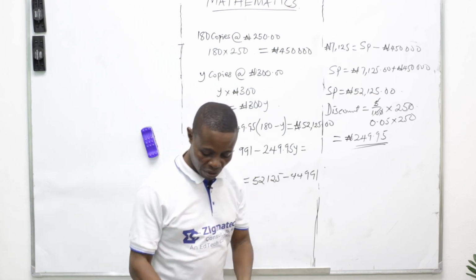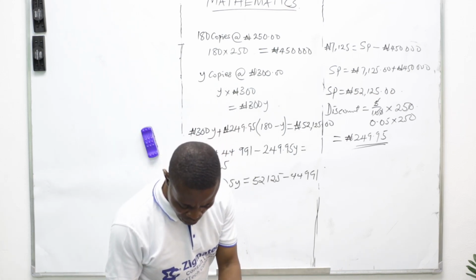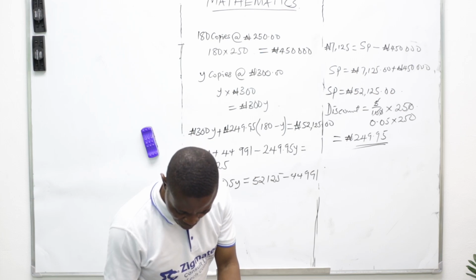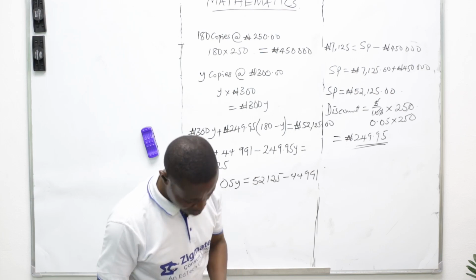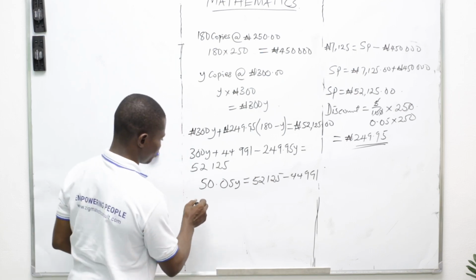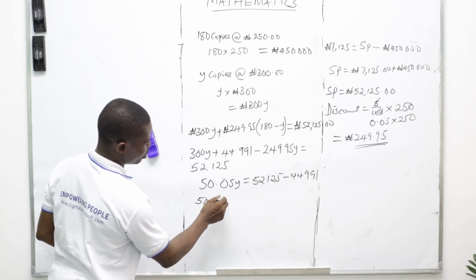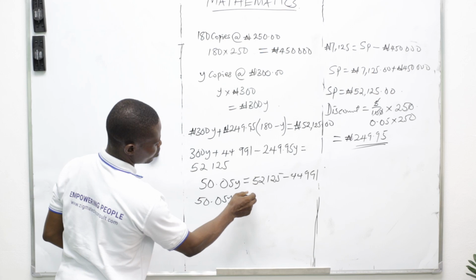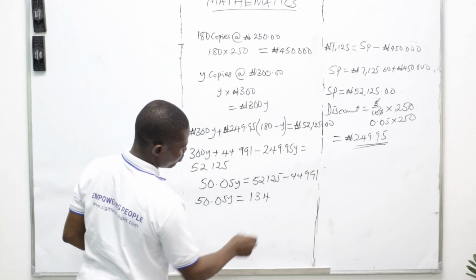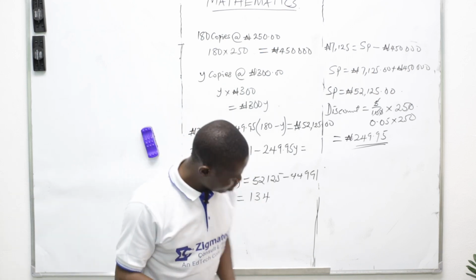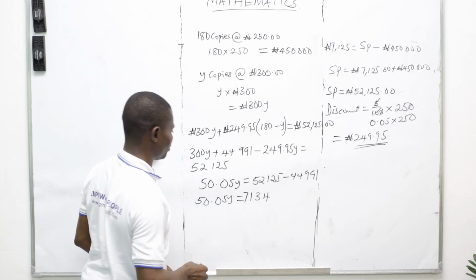Now let's subtract again: 457,125 minus 44,991 to give us 7,134. That is 50.05y equals 7,134.